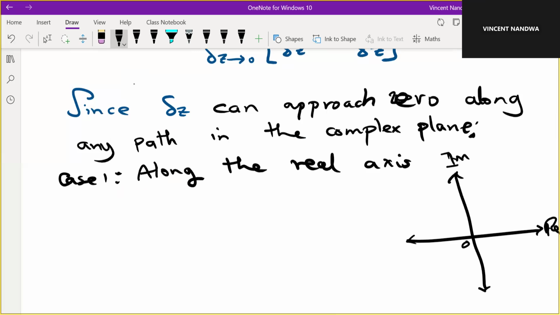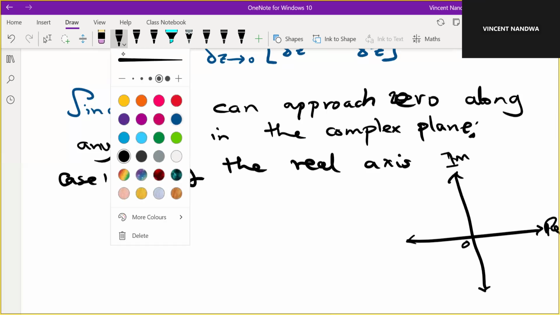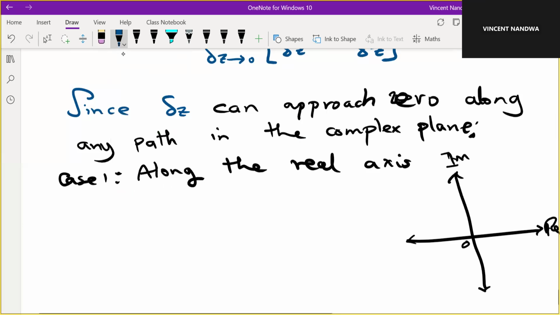So when we approach 0 along this axis, and don't forget that z as a complex number is always given by x plus iy.